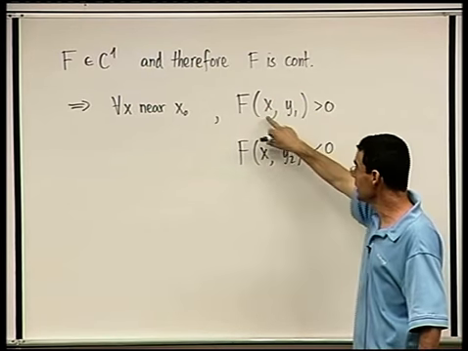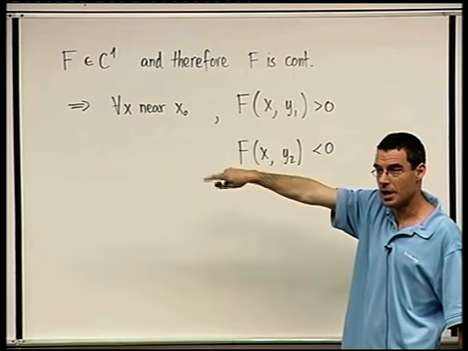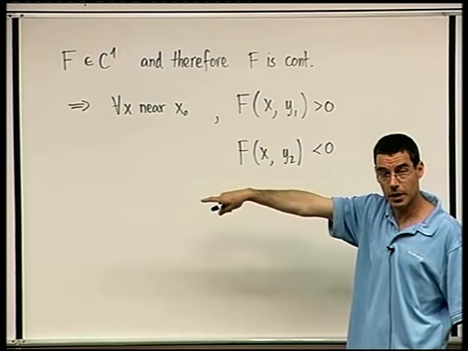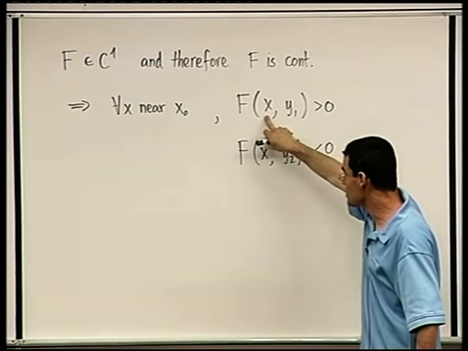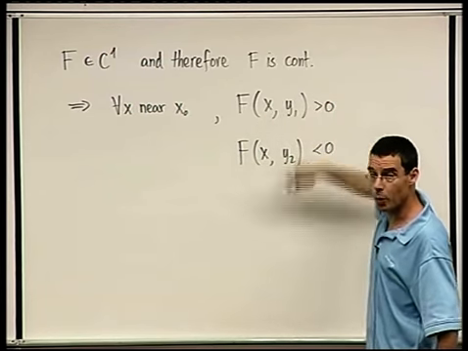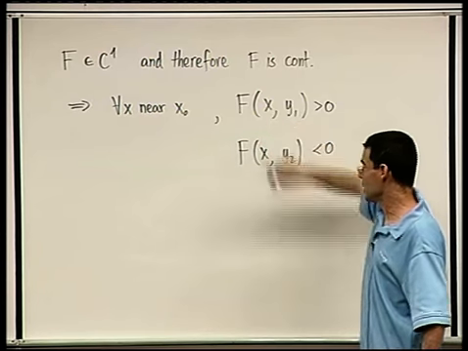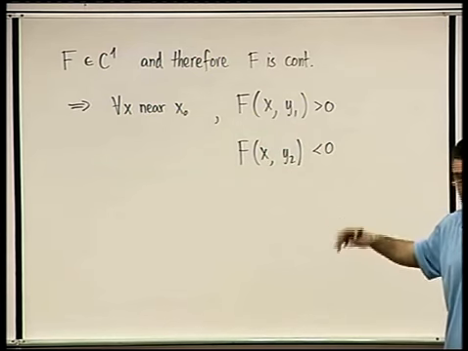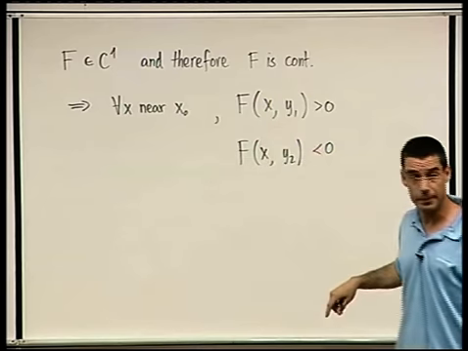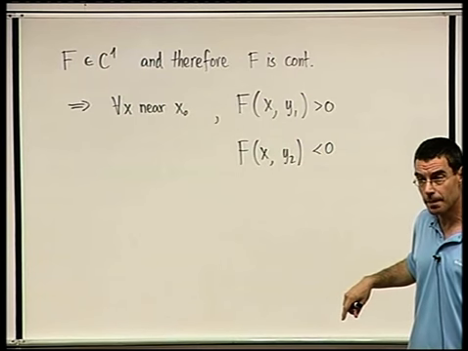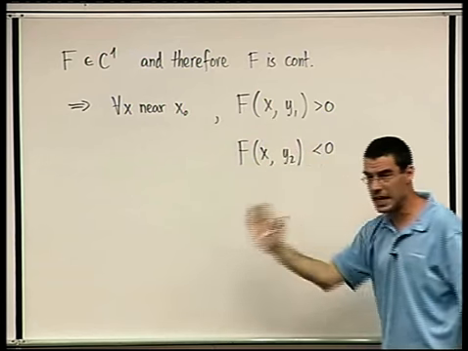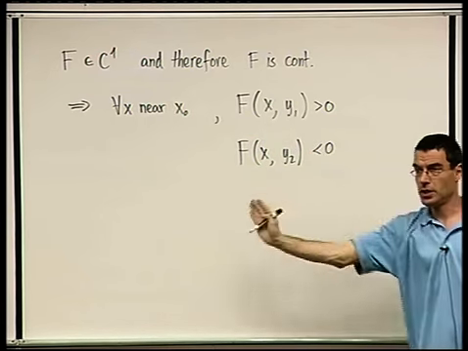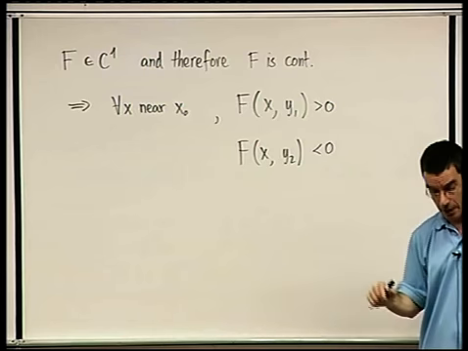Note that I just released the first variable, which was a fixed x0 before. Okay? So now I fixed this one, made arguments about the y variable, and now these are fixed, and I'm releasing x and x0 and looking at x's nearby. Okay? Clear? So now I know that it's positive here, negative here, and this is for any x in the neighborhood. Okay? I'm doing this because it's only x that is varying now.